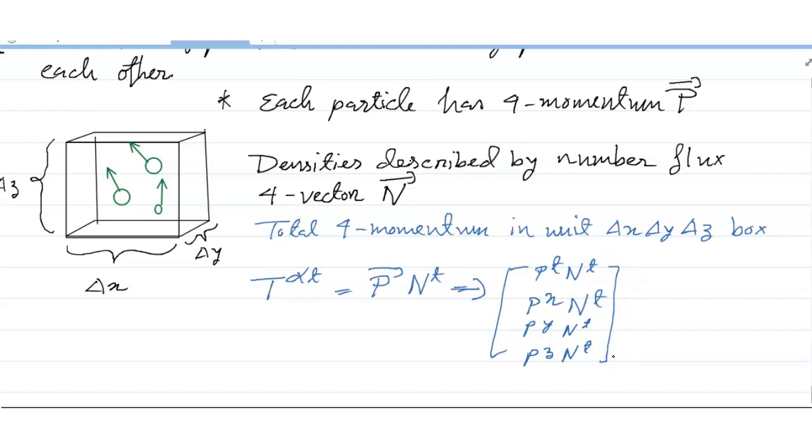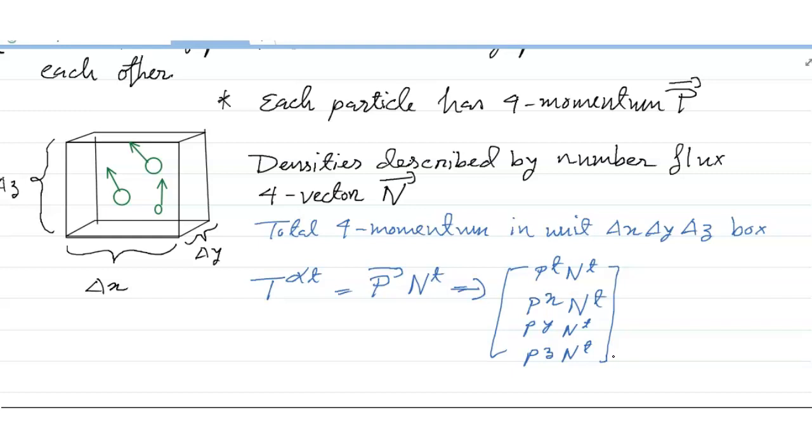In a unit xyz cube at some constant time, we just multiply p by the number particle density, which is the time component of n. Since p is the four-momentum of each particle and nt is the number of particles in a unit xyz box, p times nt gives us the total four-momentum inside the unit xyz box, which are the alpha t components of the energy momentum tensor.